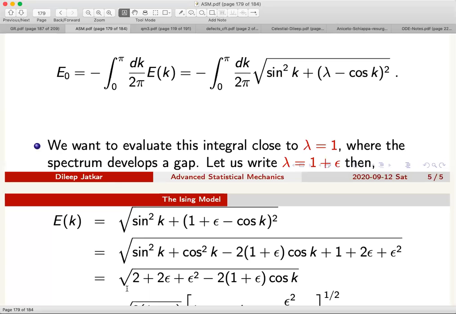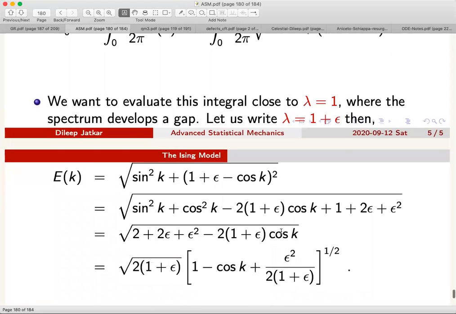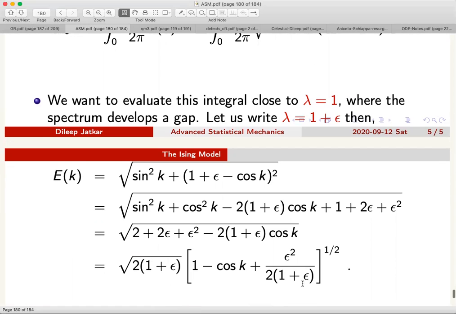So we can pull the square root of 2 times 1 plus epsilon out, and write this expression as 1 minus cos k, plus epsilon square upon 2 times 1 plus epsilon, whole to the half. So that's how this expression looks. Right now everything is exact, because we haven't done anything; we have just rearranged the expression.